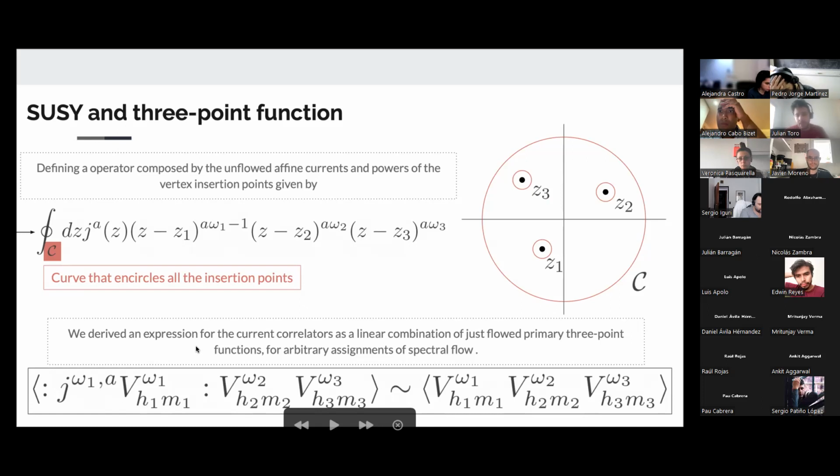We derive an expression for the current correlators as a linear combination of just flowed primary three-point functions for arbitrary assignments of spectral flow. Schematically, we have the last equation. We reduce the problem to the computation of primary field three-point functions.